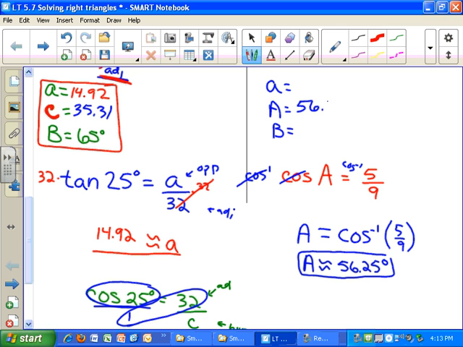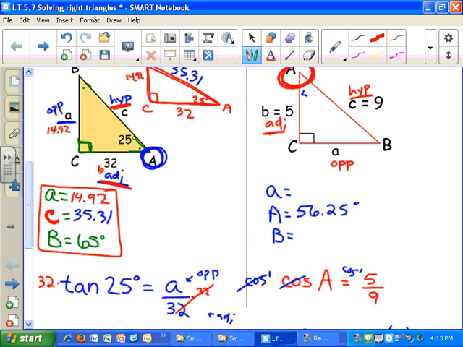So we can say A is about 56.25 degrees. That opens it up to, first we can label it. Now solving for B is pretty simple because we can do 90 and subtract 56.25, which will get 33.75 degrees. You can check, all three add up to 90 degrees.